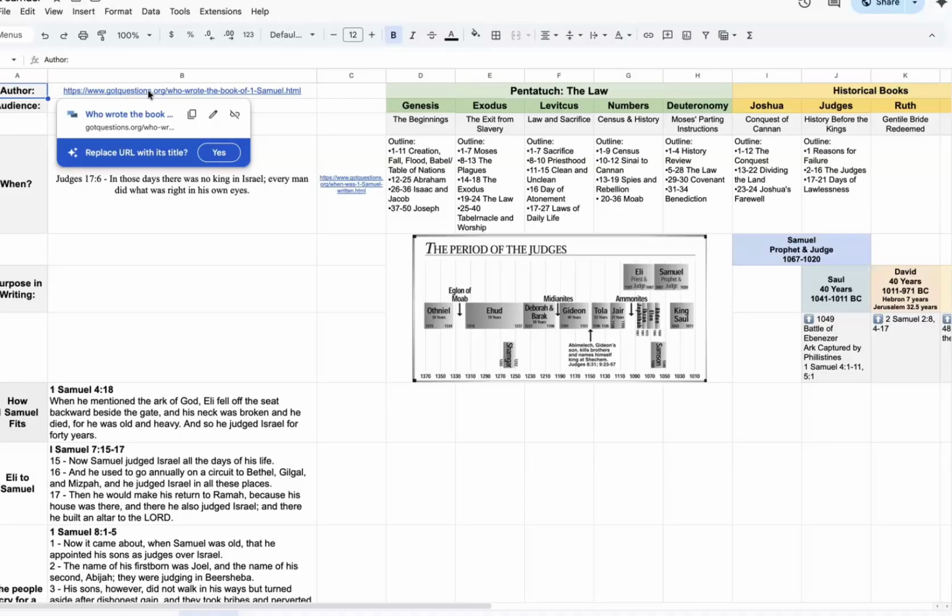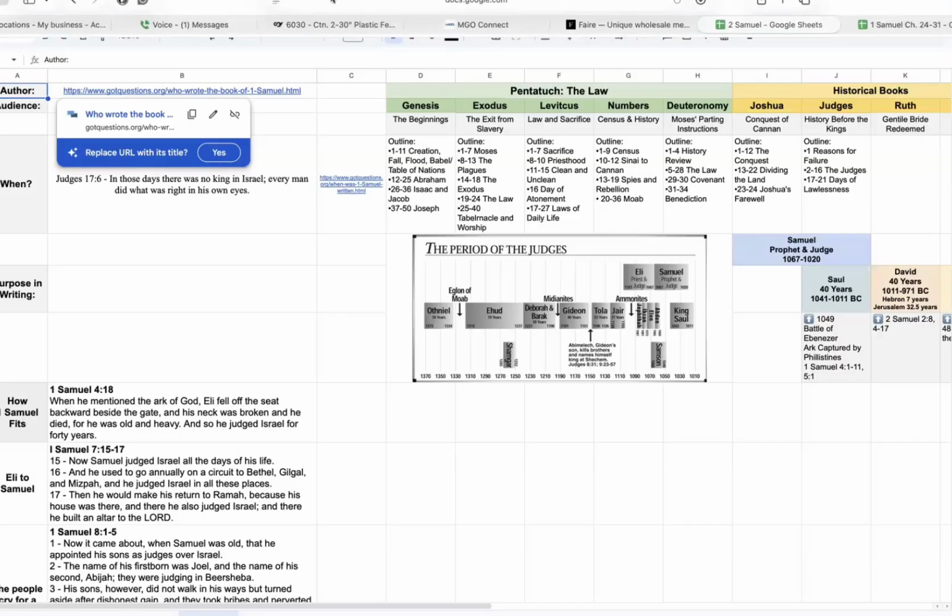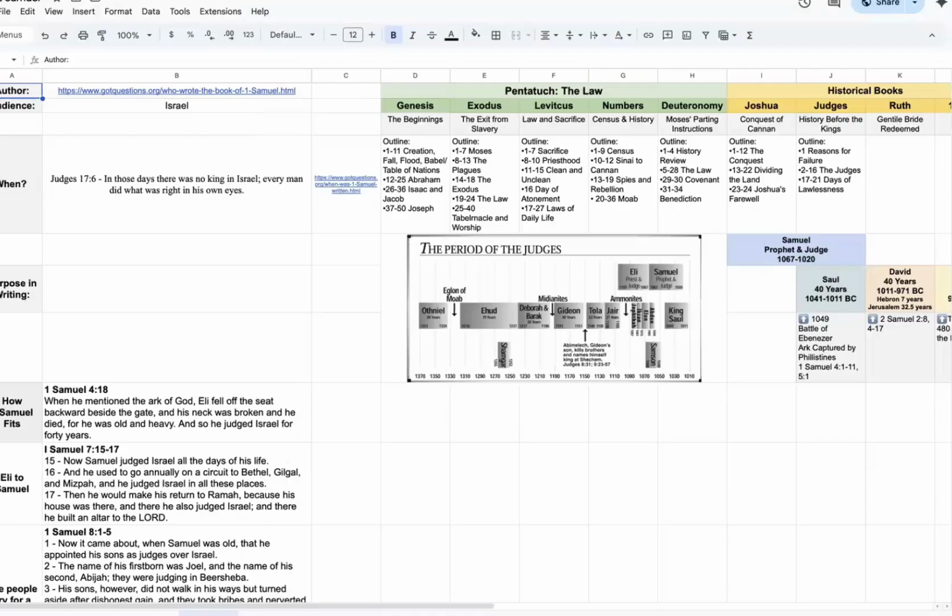He died in 1 Samuel, so what's with 2 Samuel? So we probably need to look at authorship on that as well. Any questions on what we did today?